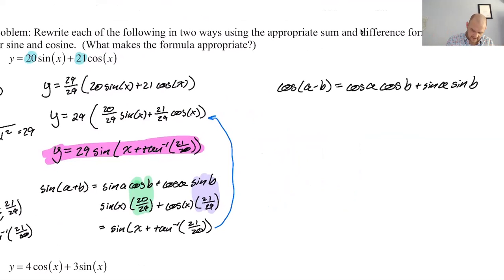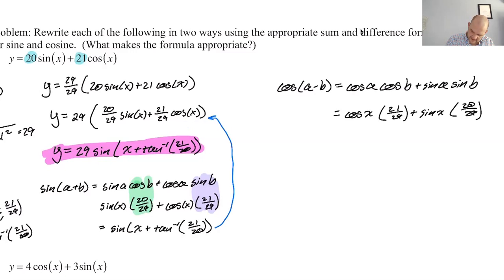So what I'm going to do is rewrite it as cosine x and then 21 over 29. So I'm leading with this, and because of the plus, it doesn't matter. I can just easily do that. So I'm doing that, and then plus the sine of x and 20 over 29.